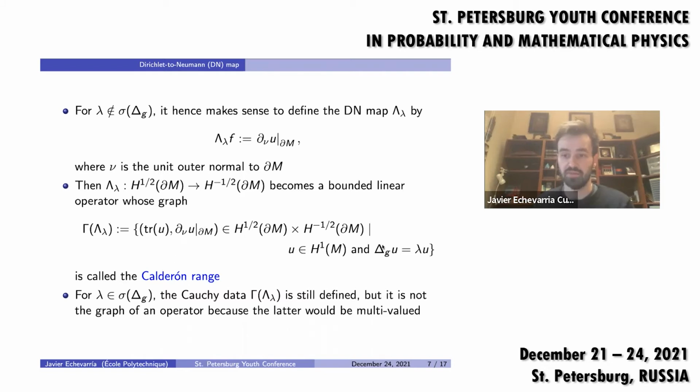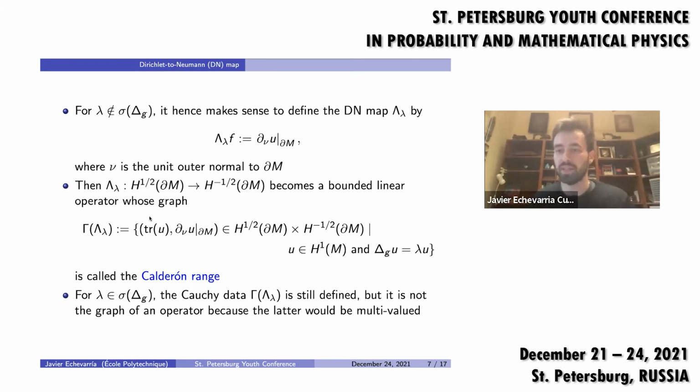You still have a function in the interior, etc. The issue is that it's no longer an operator, because for a single value on the boundary, a single f, you can have different solutions inside, right? So if you take f to be 0, for instance, you can have the solution 0 inside, but also u an eigenvalue, non-zero, an eigenvector, and then you will have a multi-valued operator. It's not well defined, but the key is that you can still compute it.